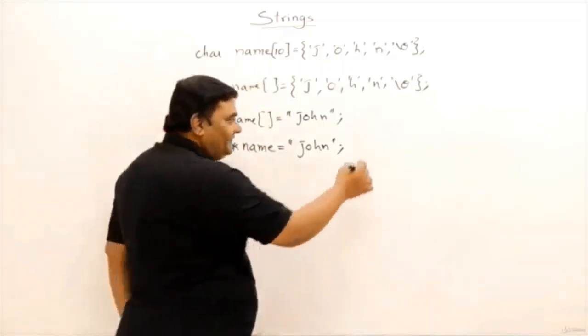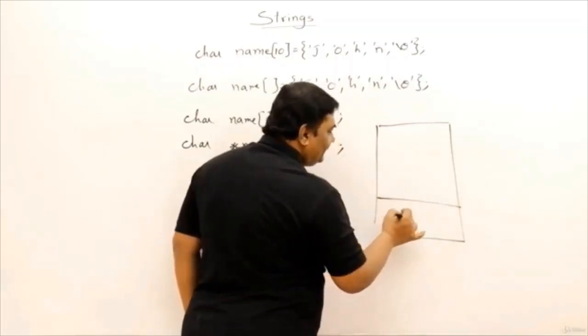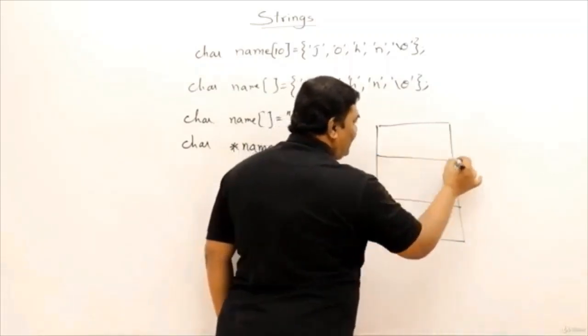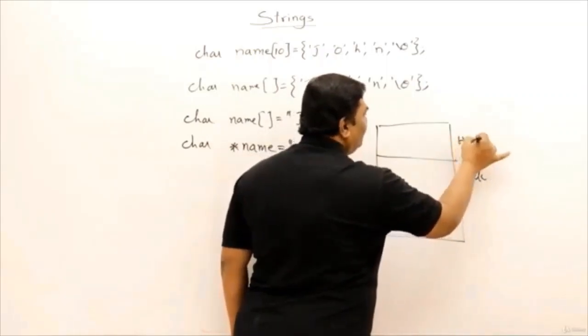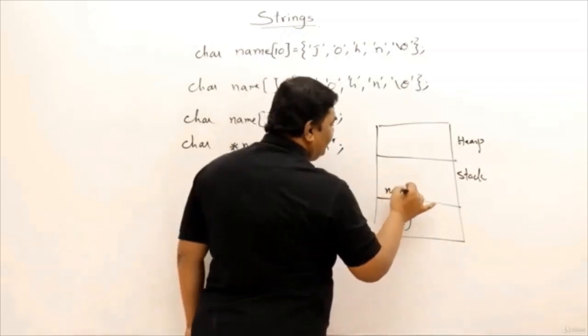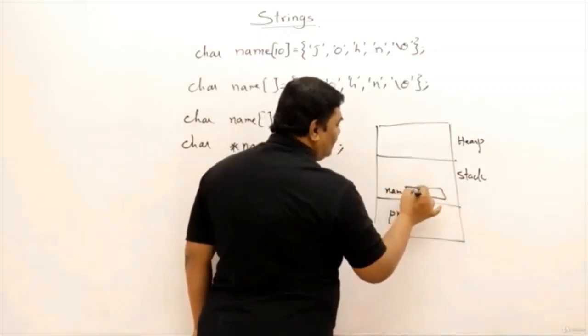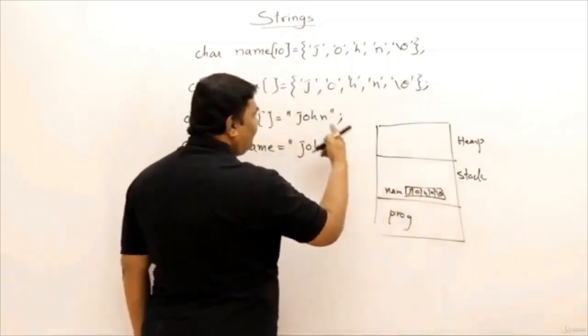So what does it mean? We have already seen this memory structure, right? So here the program, the code will be there, and this is the stack and this is heap, right? Now if I take all these arrays, all those arrays are created here, like this.